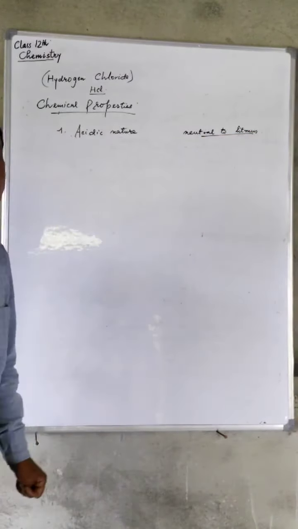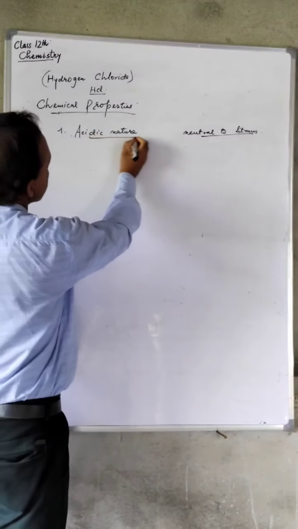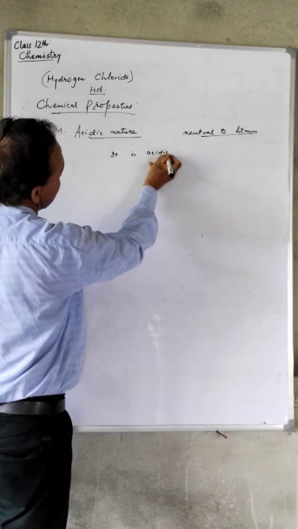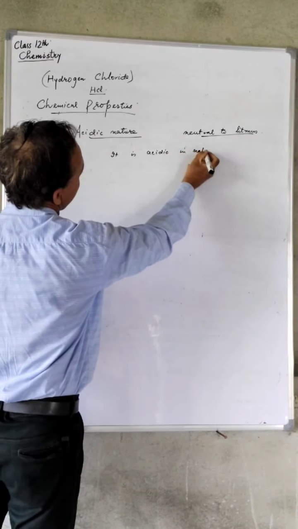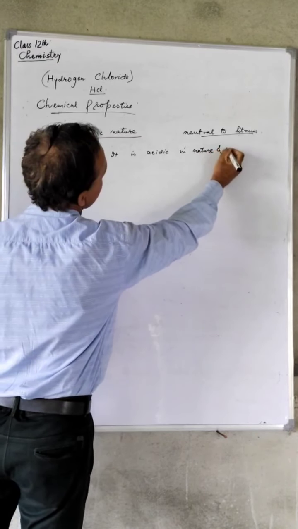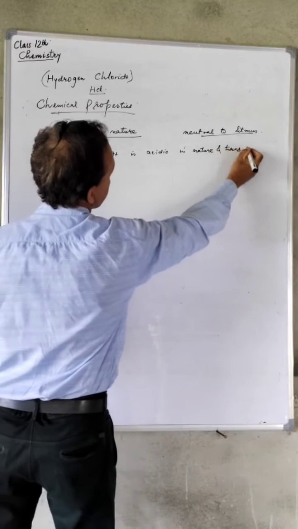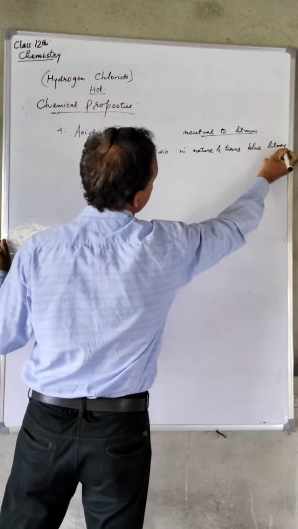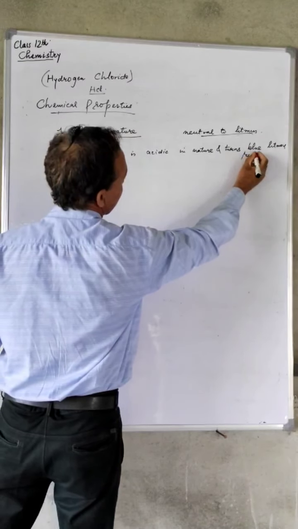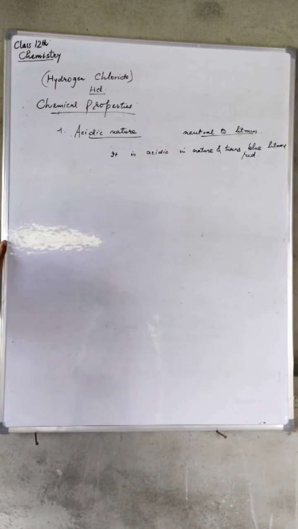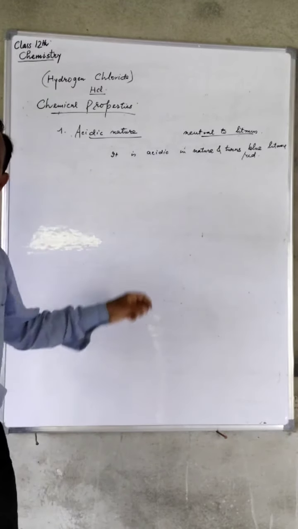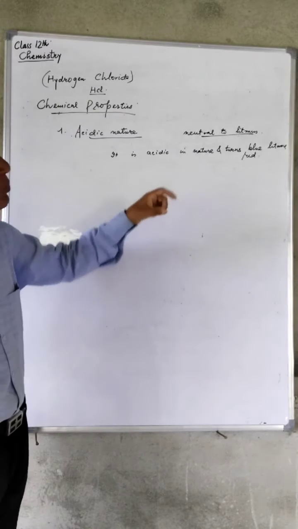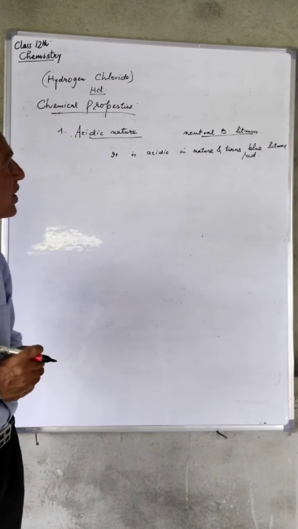But when dissolved in water, it is acidic in nature and turns blue litmus red. So if we take HCl gas and put blue litmus paper in the gas, it remains unaffected.